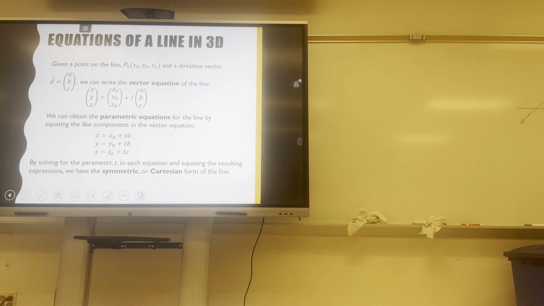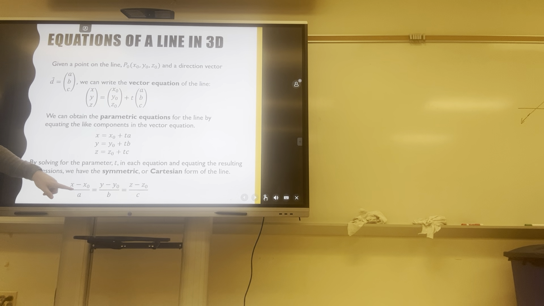Isolate t. Yeah, all of these have a t in them. So you solve for what t is equal to in each of these cases. So t will be equal to some x stuff in this equation, some y stuff in this one, and some z stuff in this one. And if those x, y, and z expressions are all equal to t, then they're each equal to each other, right? So if I isolate the t in each expression, x minus x0 over a is equal to t from this one.